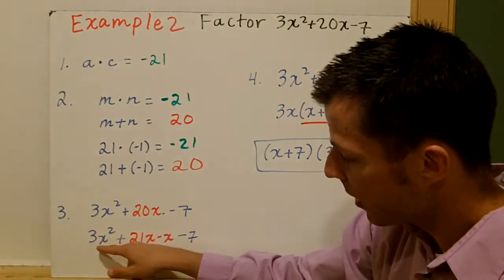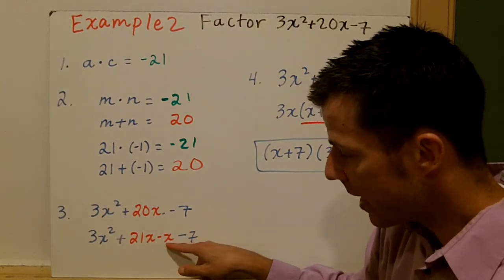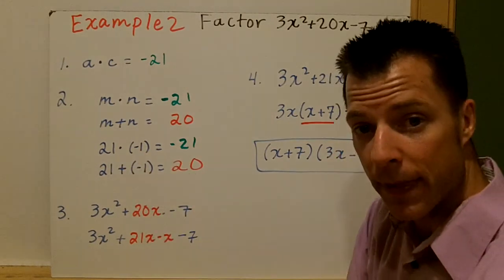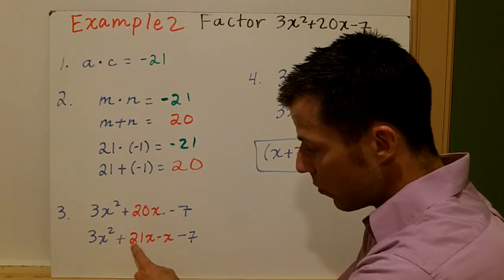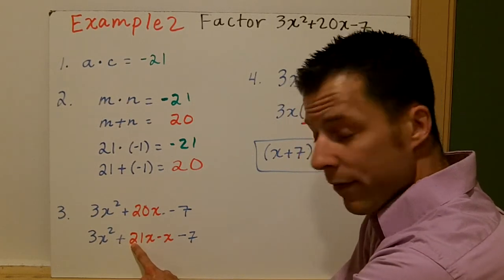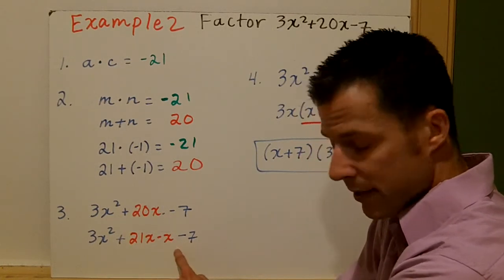So now we have 3x squared plus 21x minus x. I rewrote our expression using our m and n. Now, careful with the way you align these. Notice how I put the 3 and 21 together because they have a common factor of 3. And I put the x and the 7 together.